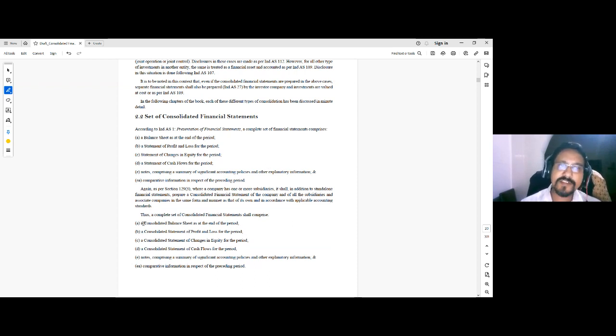However, for examination purposes, mainly preparation of the consolidated balance sheet will be of importance. Normally in the examination we do not set questions on the other financial statements, but mainly the consolidated balance sheet preparation will be there.